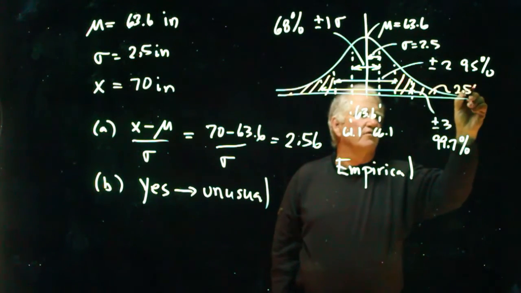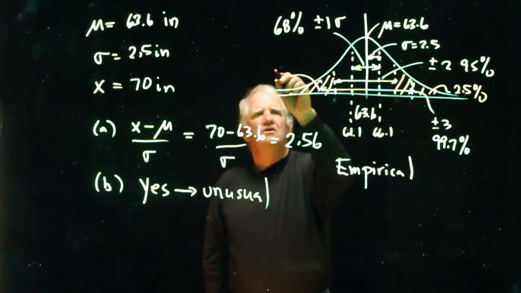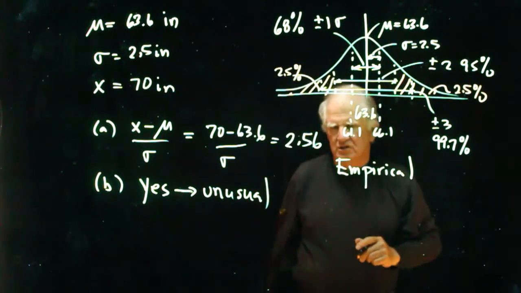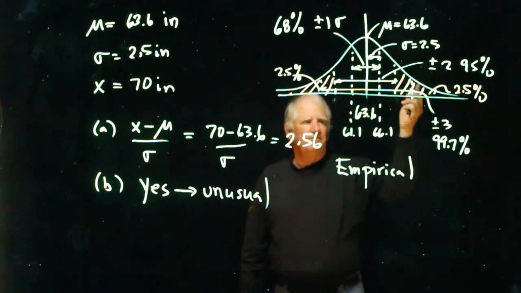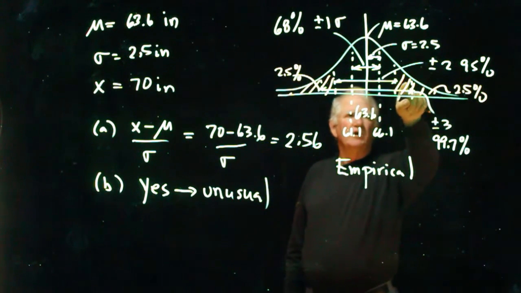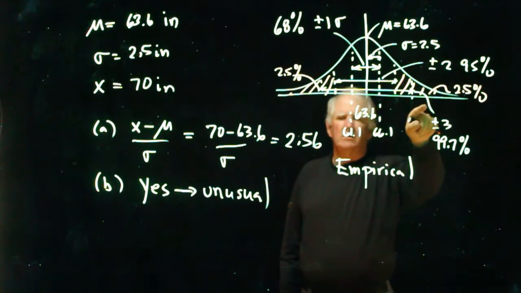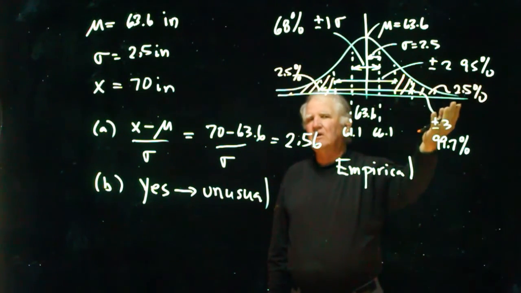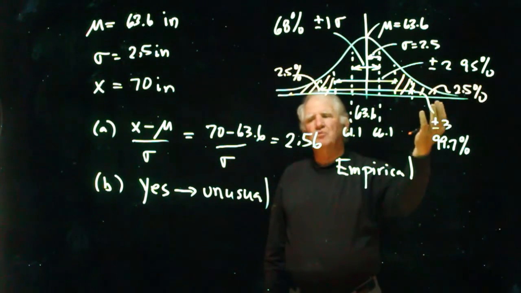You've got 2.5% of the data over here, 2.5% of the data here, 95% of the data there. So if you ask, is a data point that falls out here, anywhere out here, unusual? Heck yes. It's less than or equal to 5%.